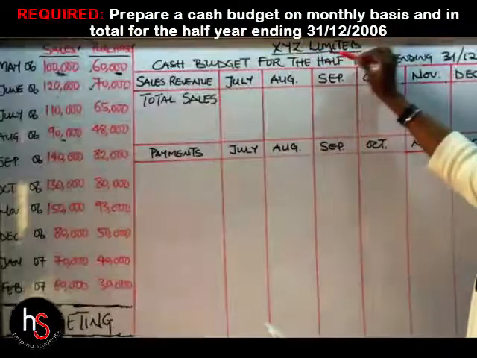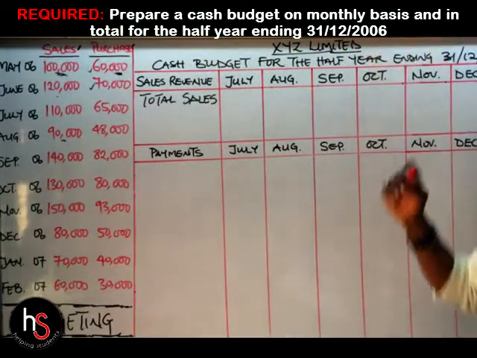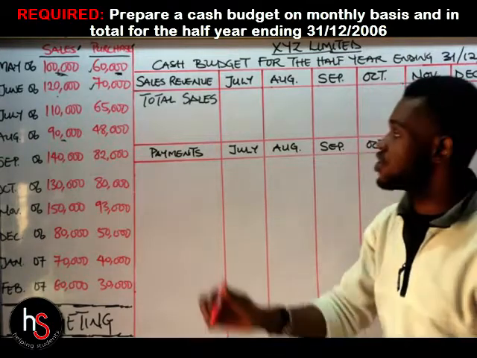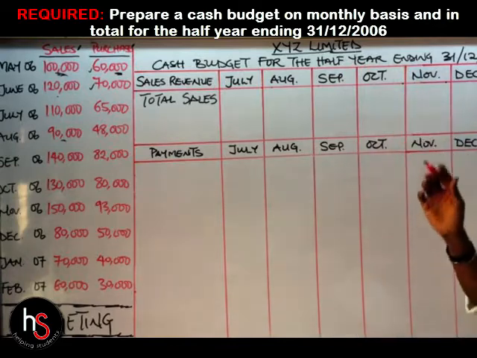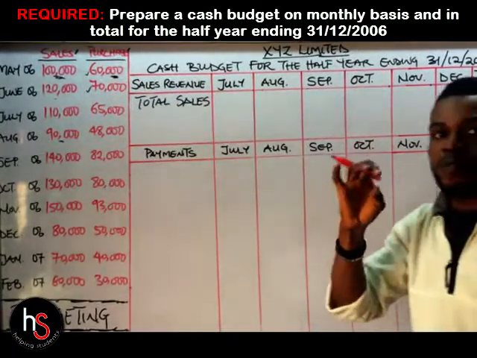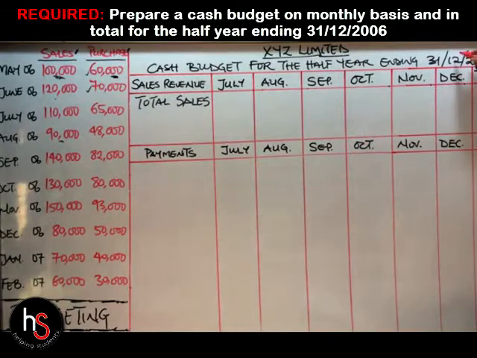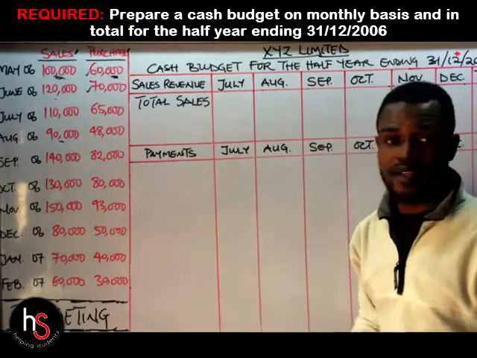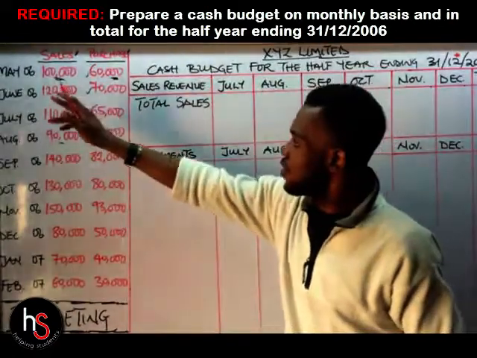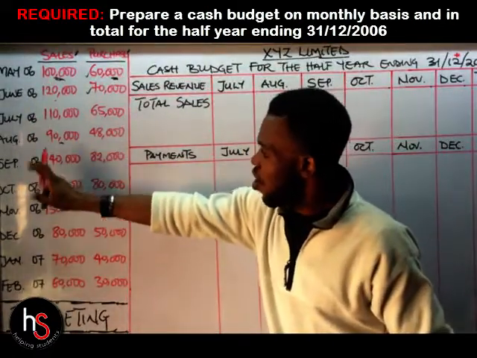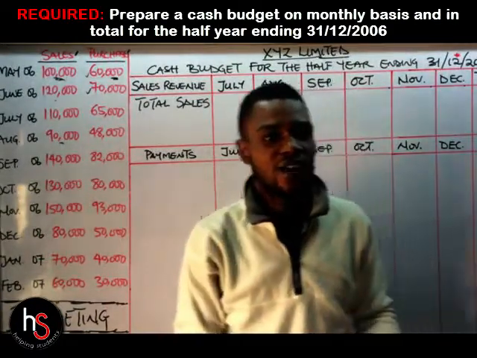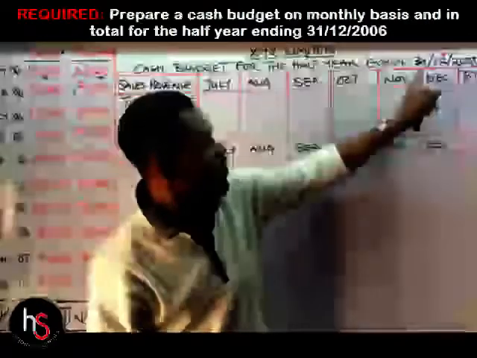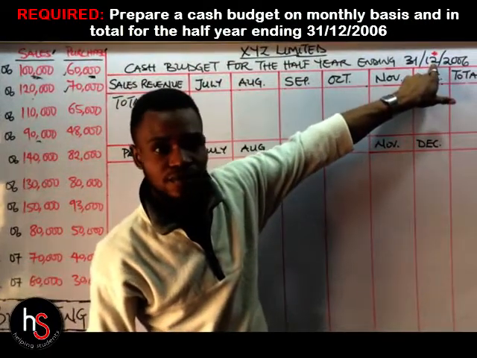That is the reason why it is titled the name of the account, XYZ Limited, as we have in the question, then cash budget for the half year ending. So this is our month of significance from the question, half year ending 31st what? December. Now let me give us a clue on how to get this. Let's go back to the question. We have May, June, July, August, September, October, November, December, January and February. And the question says half year ending 31st December.